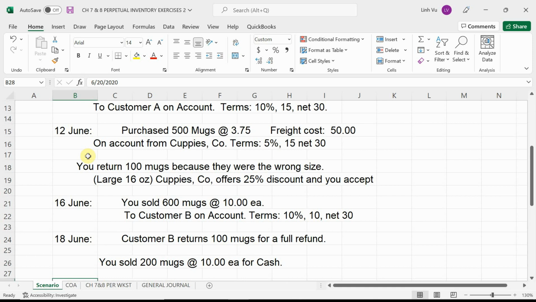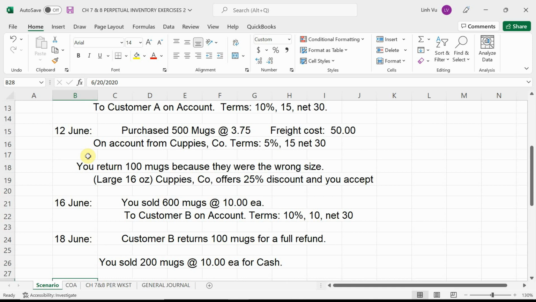Because maybe we're charging them a little more, so we give them a little incentive to pay us back sooner than customer A, right? Customer A gets to take 15 days, right?